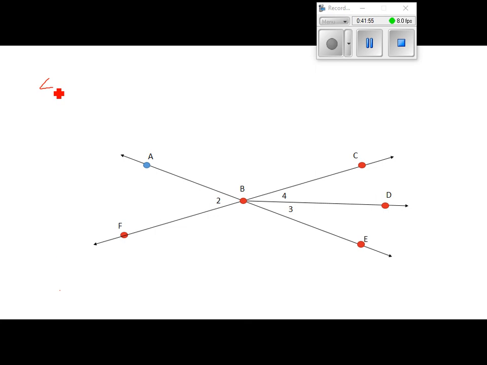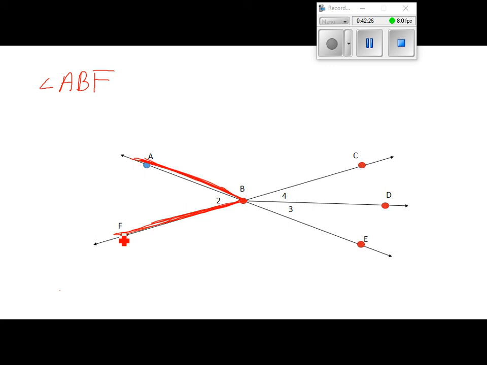I'll tell you this, you can pick any angle you want, and it's got a linear pair in this picture. So somebody pick me an angle. ABF. I'm sorry, Sam, I didn't hear what you said for sure, so I didn't use it. So we got this angle, ABF.